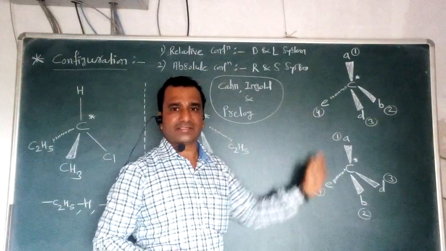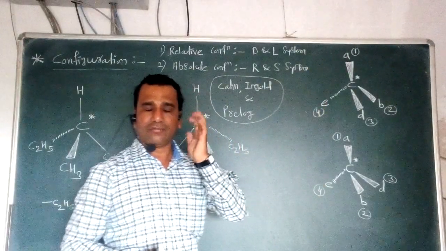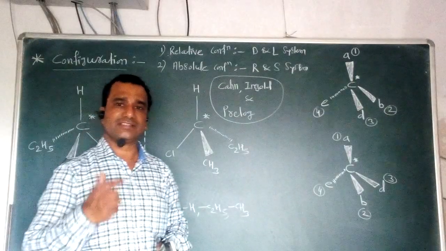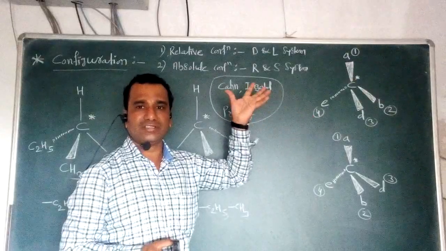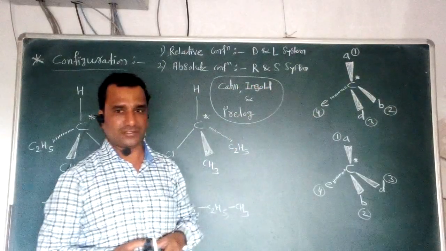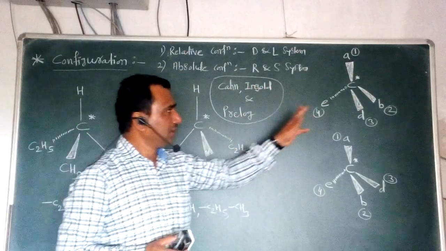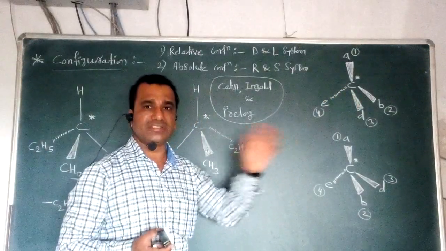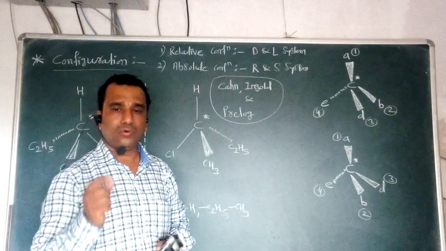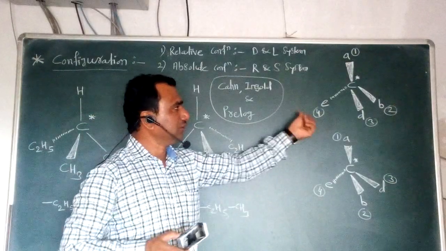Now once we assign these four different priorities for the four different atoms or groups, the second important thing is that we have to look toward this stereoisomer in such a manner that we observe from the opposite side. We must observe from the opposite side towards that lowest priority group.